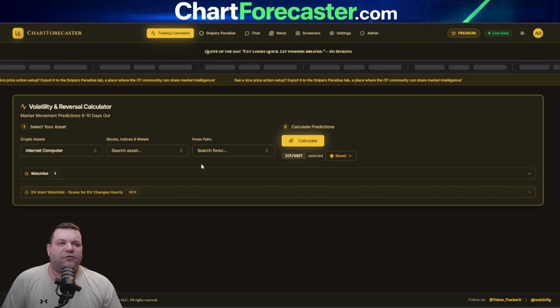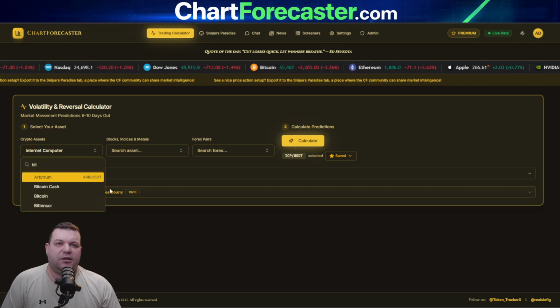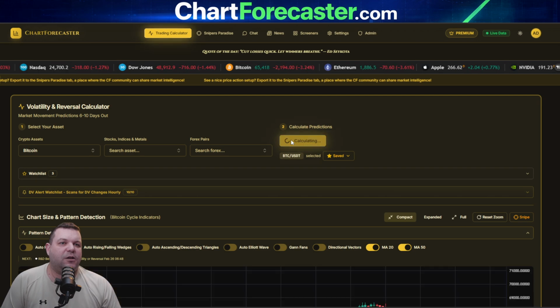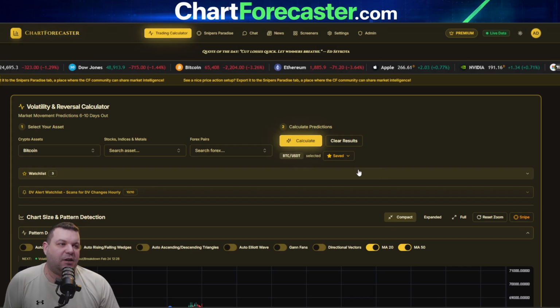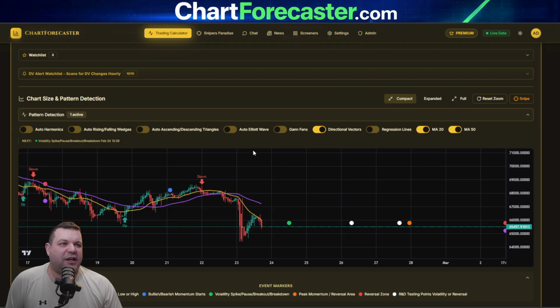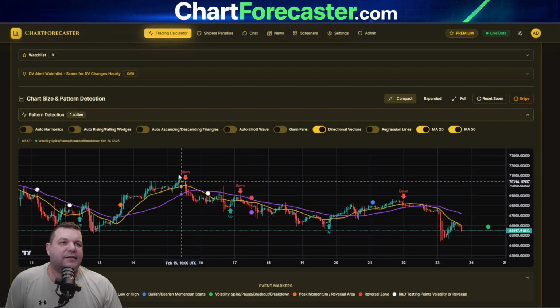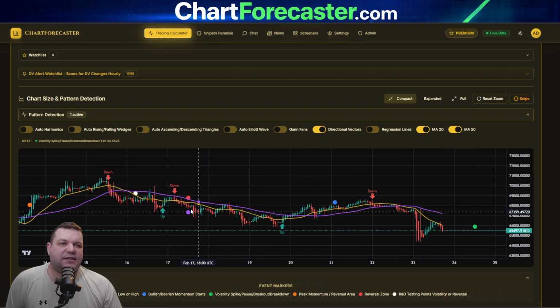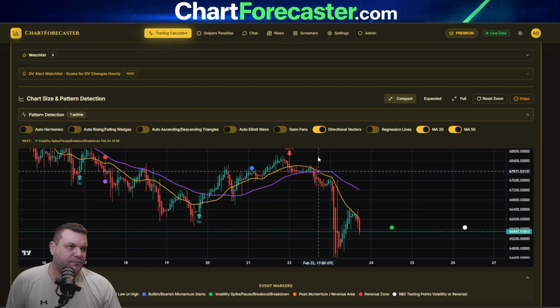But the directional vectors, as you saw perform, we'll just pull up Bitcoin here because everybody seems to like Bitcoin right now, or maybe not so much right now, but at the all-time highs, everybody liked it. But the directional vectors, here it is on Bitcoin. And so it does a decent job at detecting when the market will move.